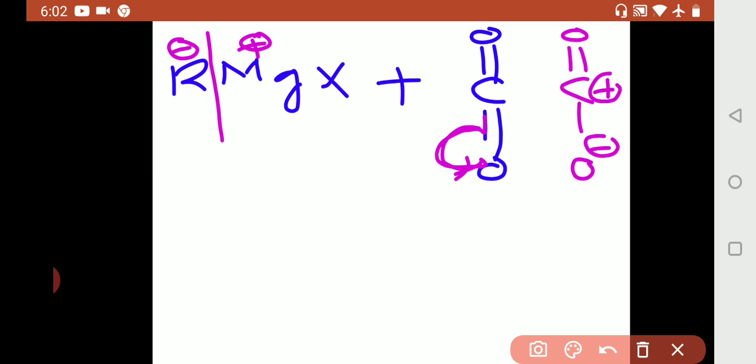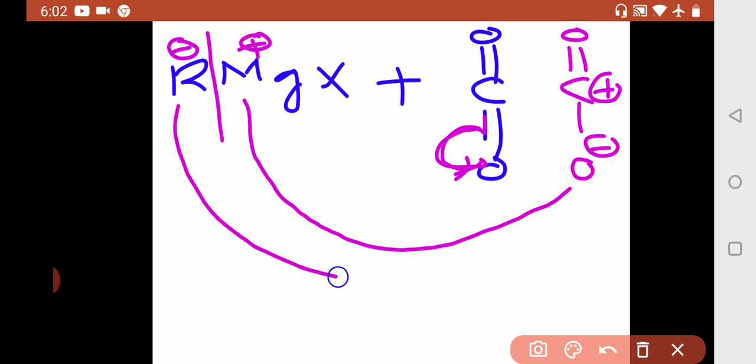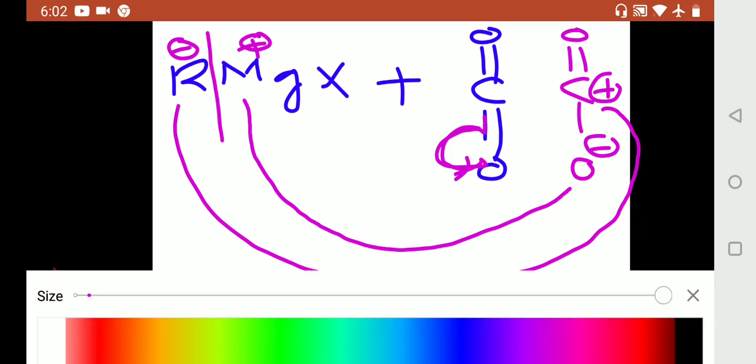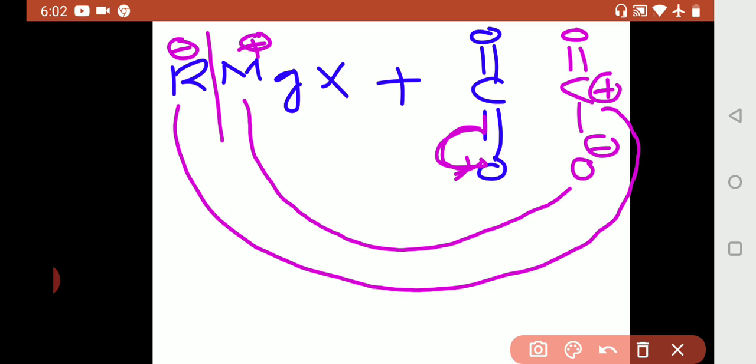Now simply add plus 2 minus 2 plus, that is MgX plus forms bond with O minus and R minus forms bond with carbon. While writing, the arrow mark should be in which way? From minus to plus. Always the arrow mark is minus to plus, that is the electron excessive compound always donates electrons to plus. Here R minus has electron excess, that's why it donates electrons to C plus.